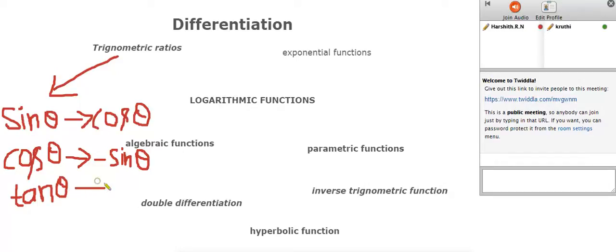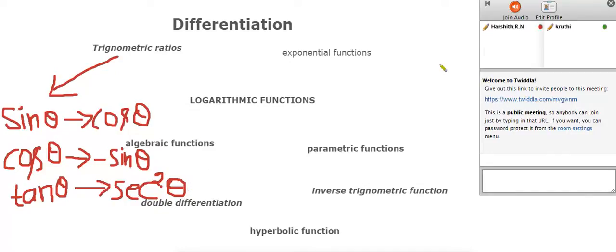The next three trigonometric ratios are all going to be called reciprocals of the basic trigonometric ratios. We have a total of 6 trigonometric ratios that you know well. Three are fundamentals, the other 3 are reciprocals.